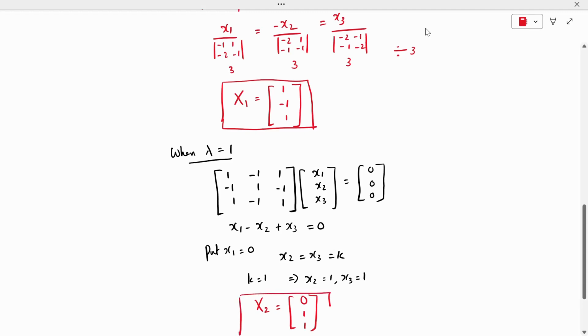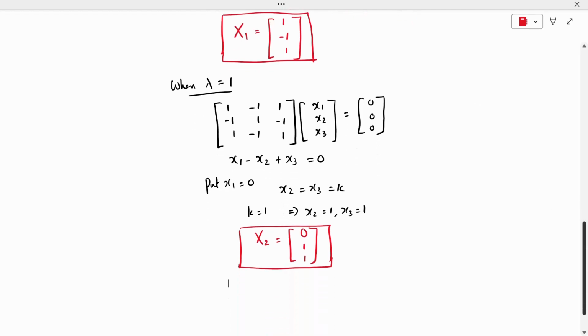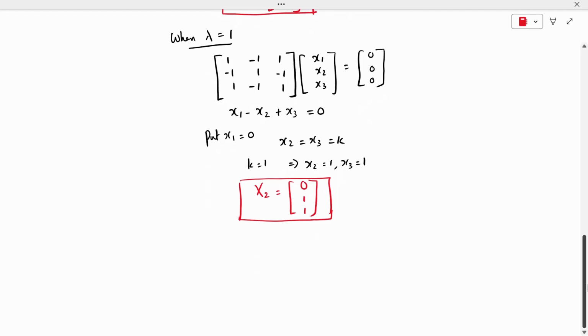Two vectors are completed. For the third vector, you should not again put any one variable as 0. That is wrong; it is the method for type 2, which can be applied for non-symmetric matrices only. We know that A is symmetric.